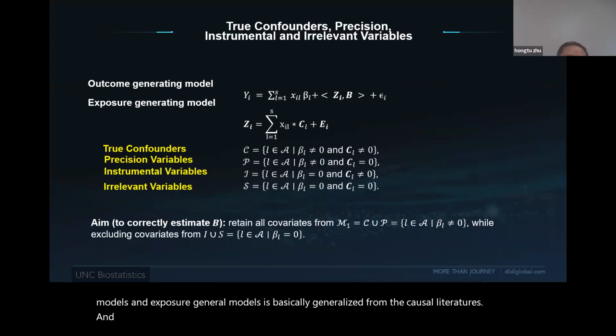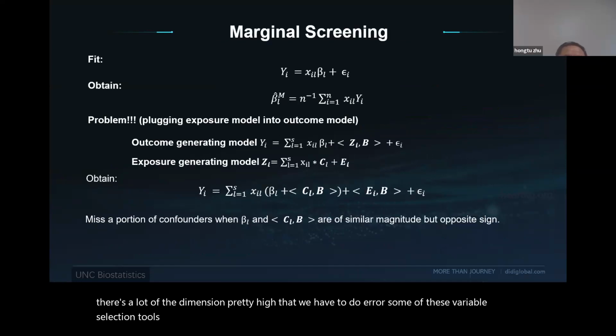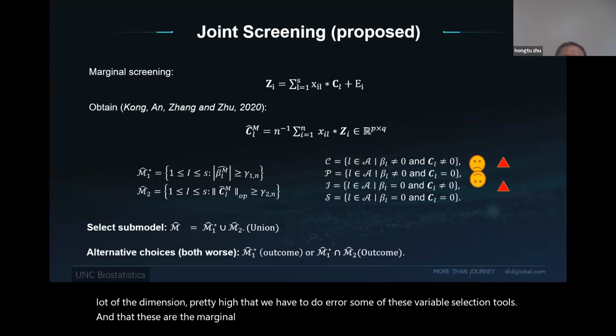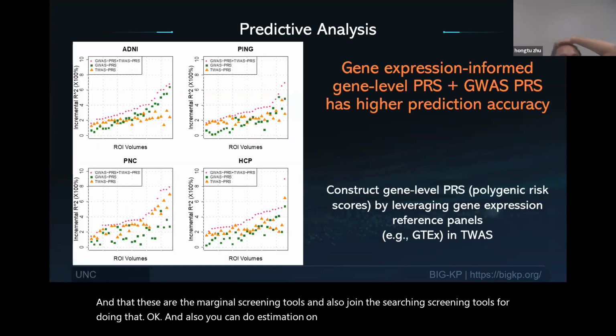And this is basically the way you analyze imaging and genetic data together. The dimension is pretty high, so we have to develop some of these variable selection tools. These are the marginal screening tools, and also joint screening tools for doing that, okay? And also you can do estimation on that.